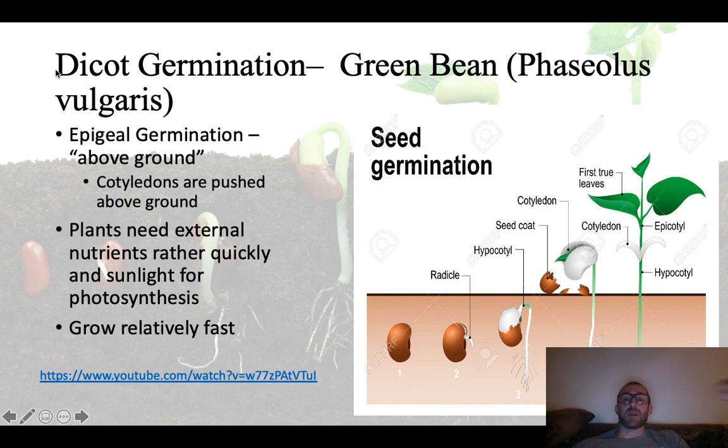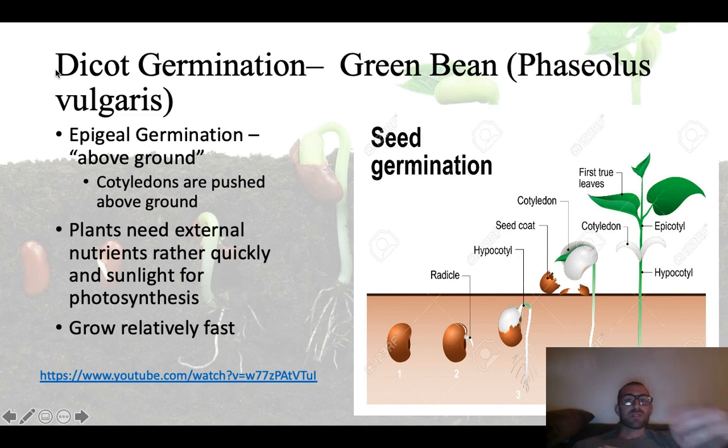So again, from this lecture, I want you guys to know that we have our seed plants versus our spore plants. Within our seed plants, we have our gymnosperms, which don't produce flowers, and our angiosperms, which produce flowers. Within our angiosperms, we have monocots, which have one seed leaf, and we have our dicots, which have two seed leaves.